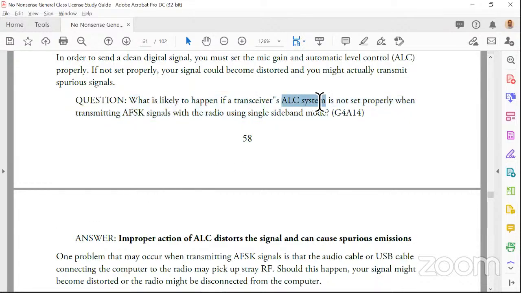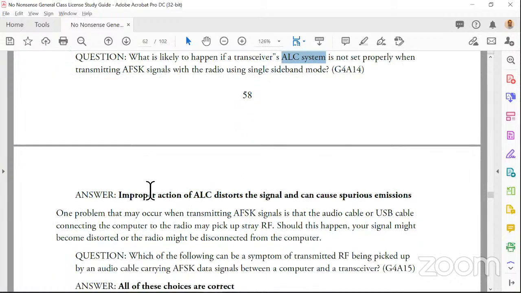So we're talking about the ALC system if it is not properly set or adjusted when you're transmitting AFSK signals, audio frequency shift keying signals, meaning digital signals, with the radio in single sideband mode. So what happens if you have your ALC incorrectly set? That is what the question is asking you when you're doing digital modes and the radio is in SSB.